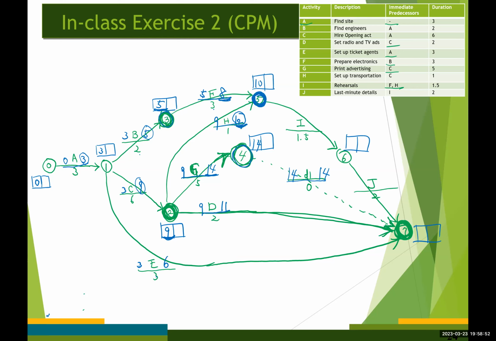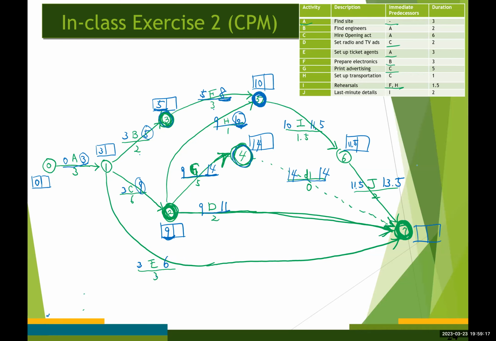So it's going to be 10, right? So we have 10 plus 1.5, 11.5. And we have 11.5 plus 2, 13.5. Is that right?